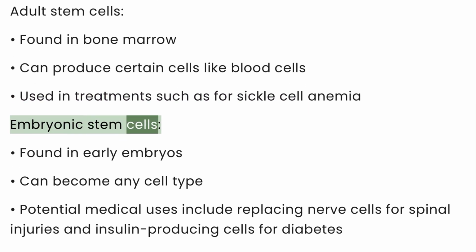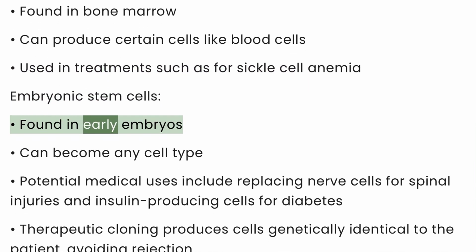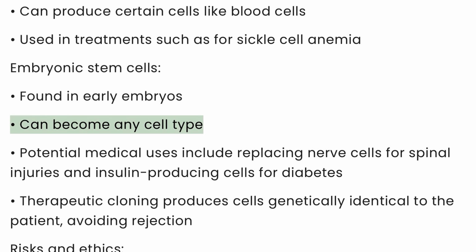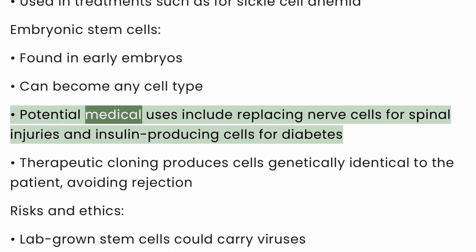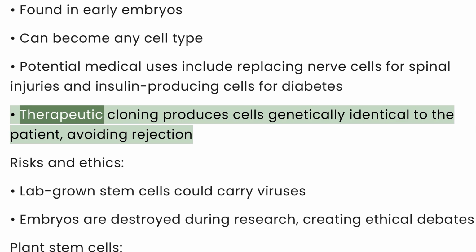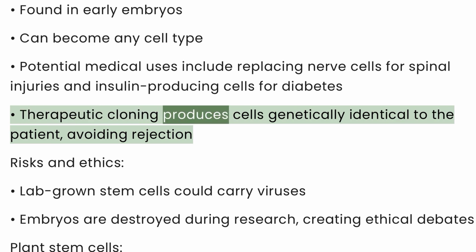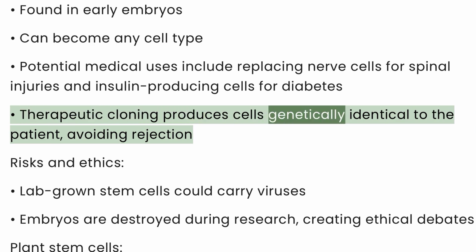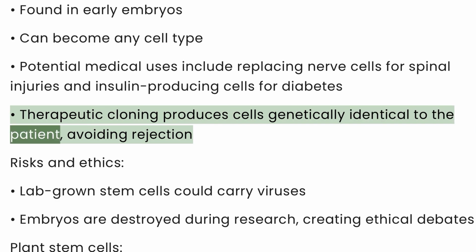Embryonic stem cells, found in early embryos, can become any cell type. Potential medical uses include replacing nerve cells for spinal injuries and insulin-producing cells for diabetes. Therapeutic cloning produces cells genetically identical to the patient, avoiding rejection.